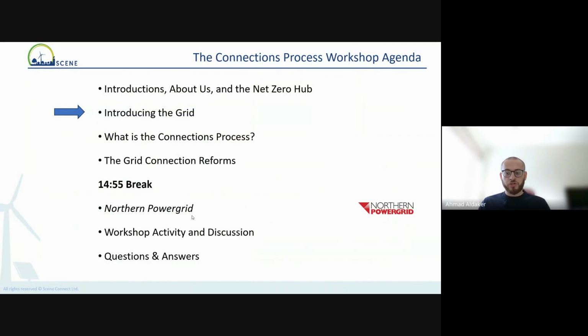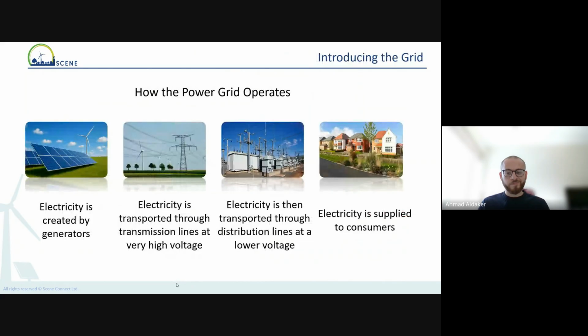So with introductions out of the way, we can begin, and there's no better place to start than introducing the grid, or mainly how it works. First of all, let's take a look at the basic elements of the power grid from start to end.